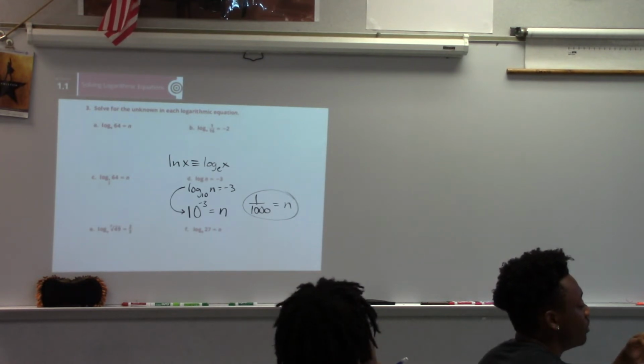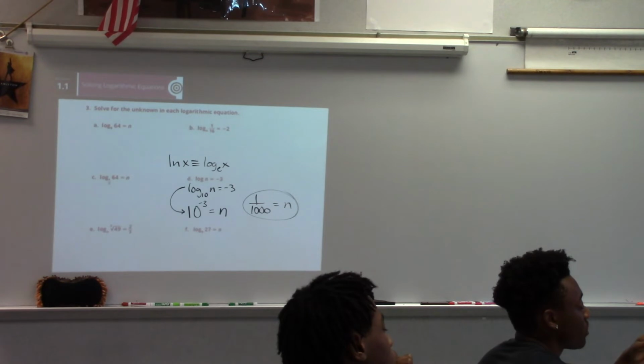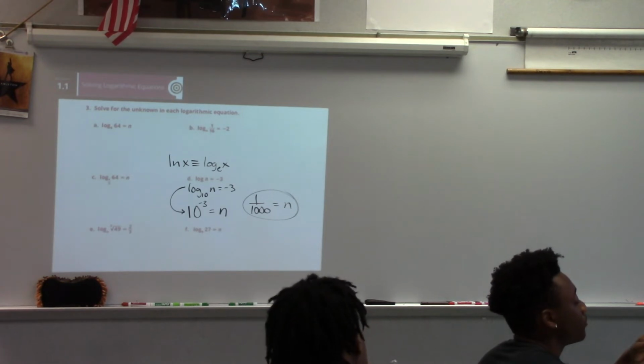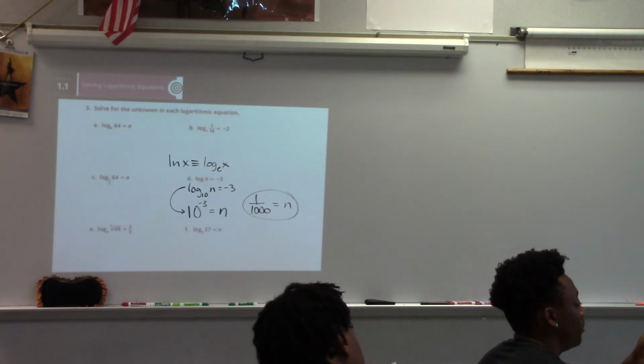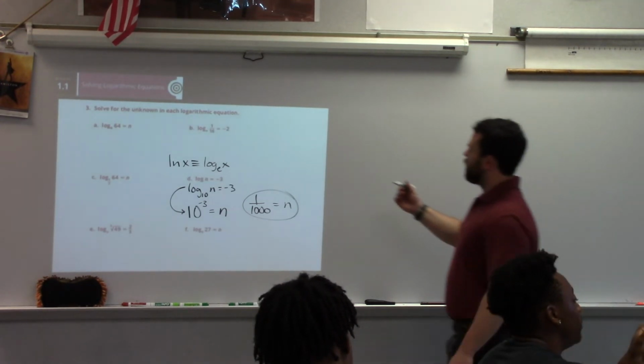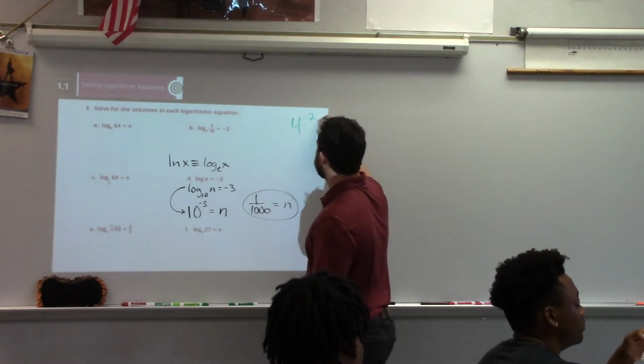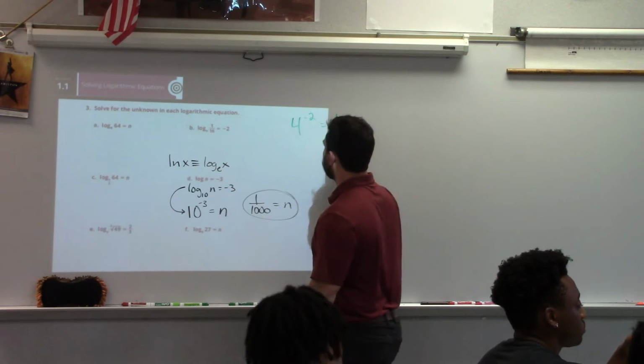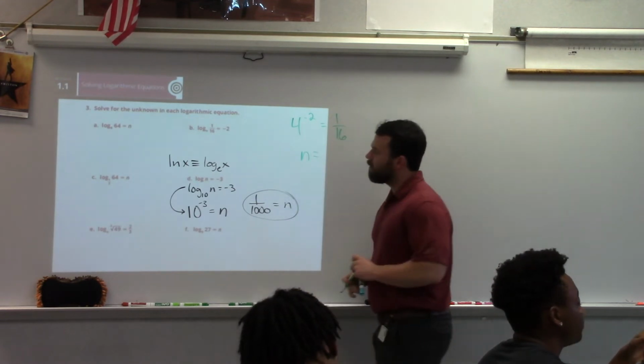It would be 4 raised to negative 2 equals 1/16. So you rewrote this one as 4 to the negative 2 is equal to 1 divided by 16. So what is n? 4.